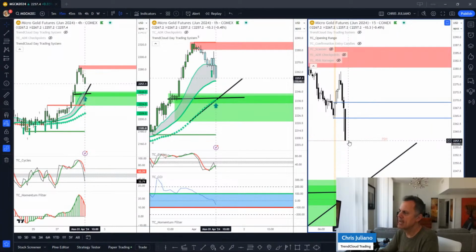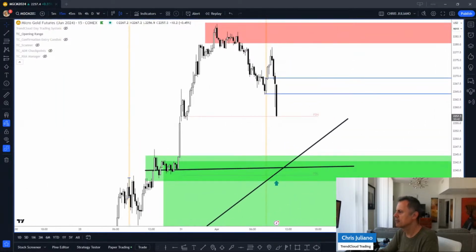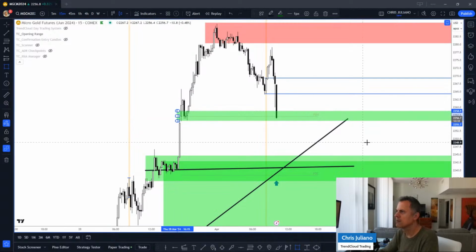Let's see how it reacts off of this previous day's high. Oh, and look at that. Previous day's high, little 15-minute demand zone there. Nice demand zone, right? Drop base rally, previous day's high.